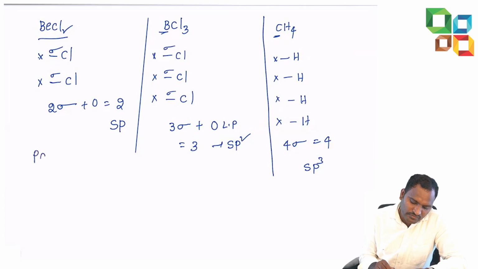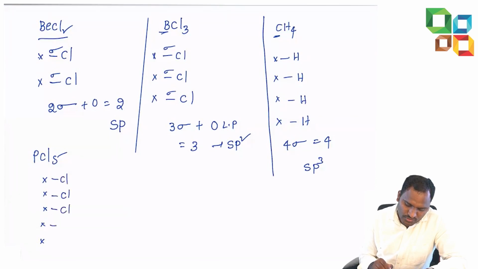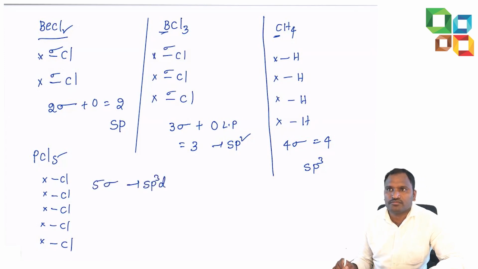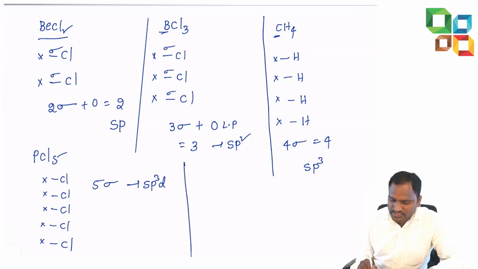PCl5 also I did. Phosphorus has 5 valence electrons. Write 5 valence electrons: 1, 2, 3, 4, 5. The 5 electrons of phosphorus form bonds with the 5 chlorines. How many sigma bonds? 5 sigma bonds. So what is the hybridization? sp3d. Next, SF6 also I did.